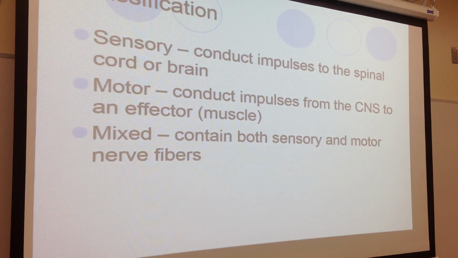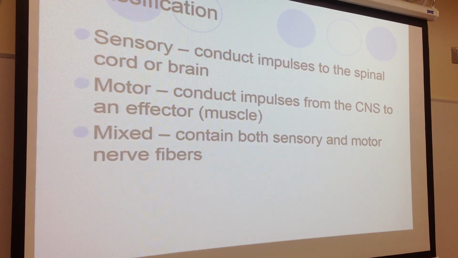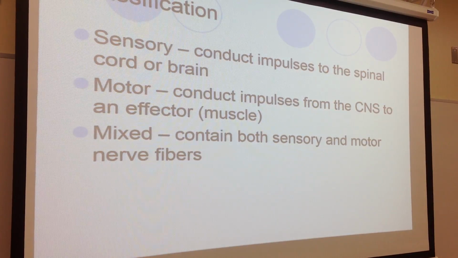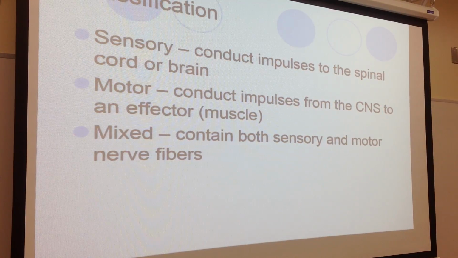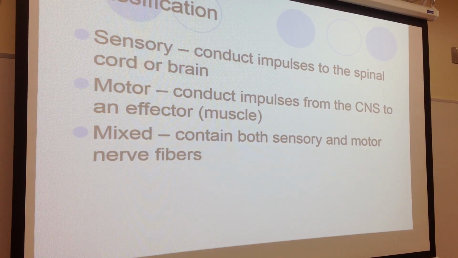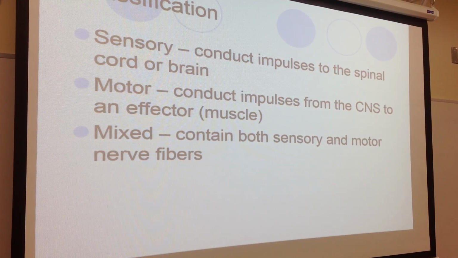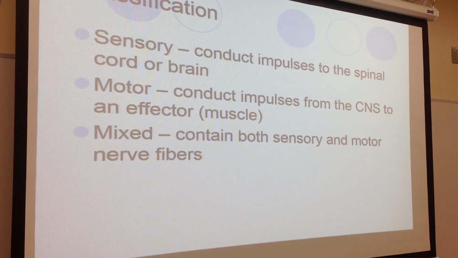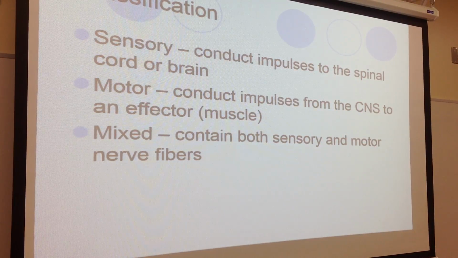Now, when it comes to nerve fibers, they're classified as either being sensory, motor, or mixed. When it comes to peripheral nerves, they're going to be mixed, meaning some of the axons in there are from sensory neurons and others are from motor neurons.